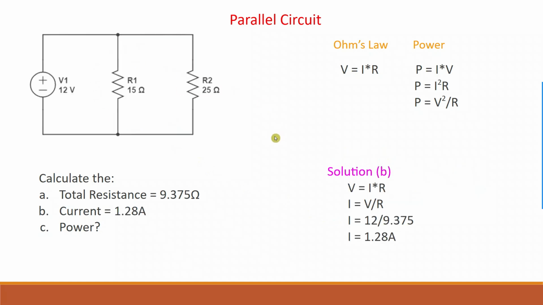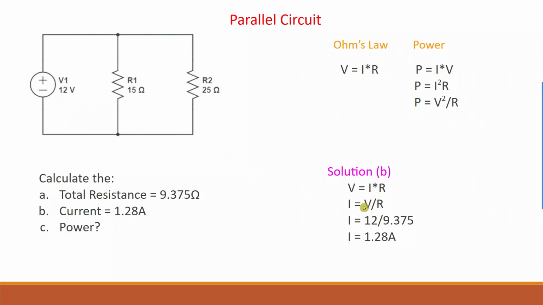Next we'll calculate the total current of this parallel circuit. What is the formula to calculate the current? We'll use Ohm's law, V equal to IR. That means I will become V by R. We know V equal to 12.